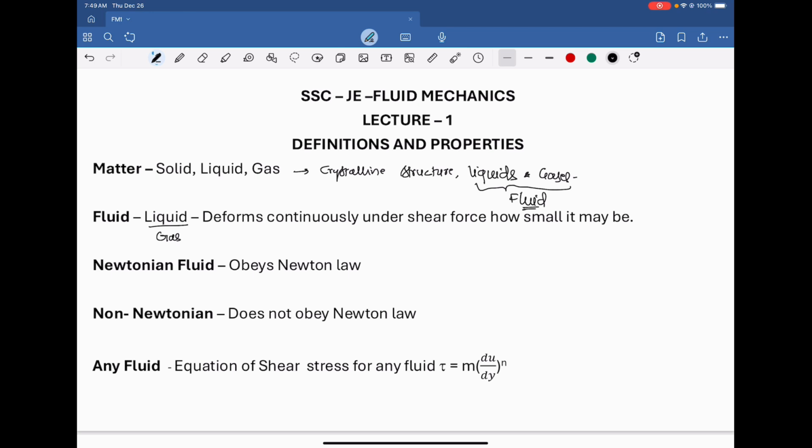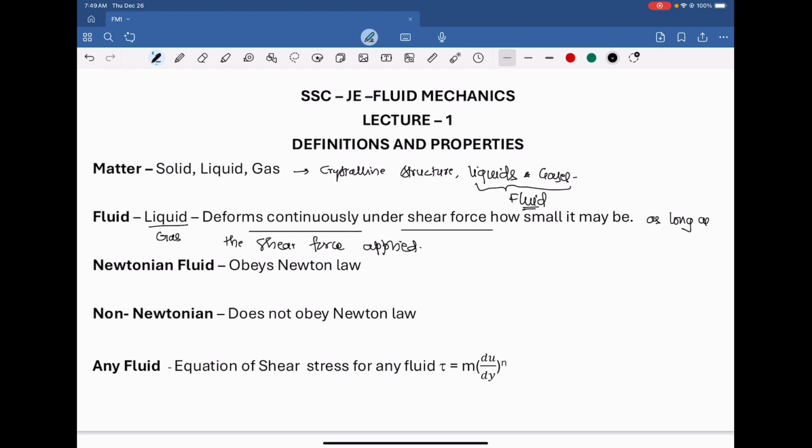Fluid has a particular character: it deforms continuously under shear force, however small it may be, as long as the shear force is applied.